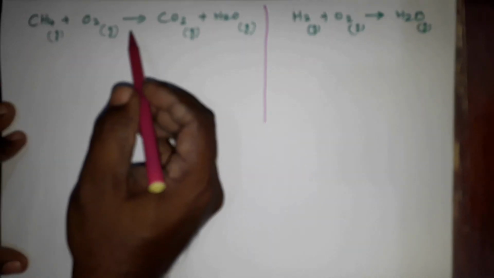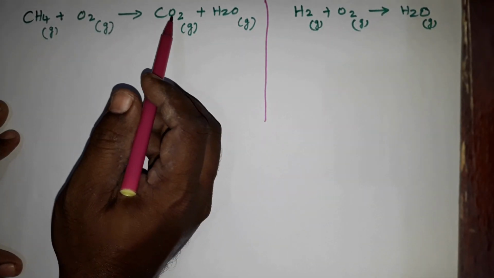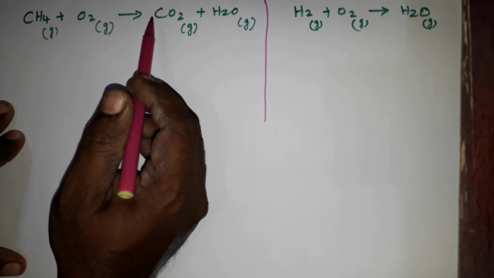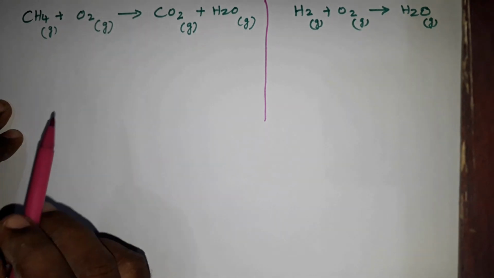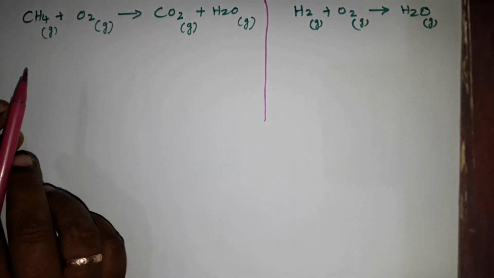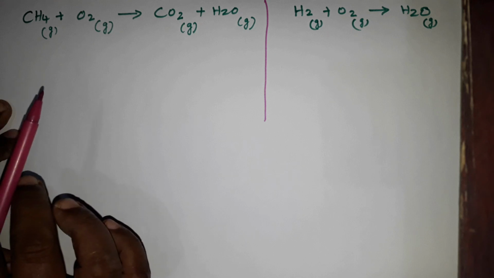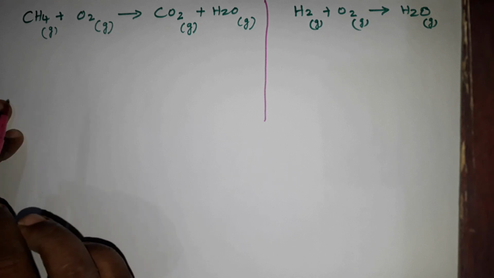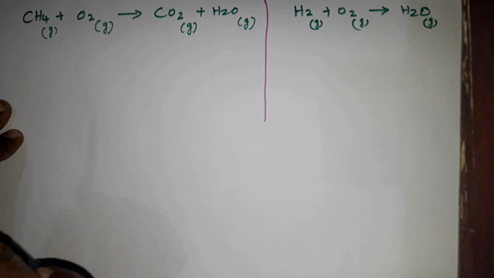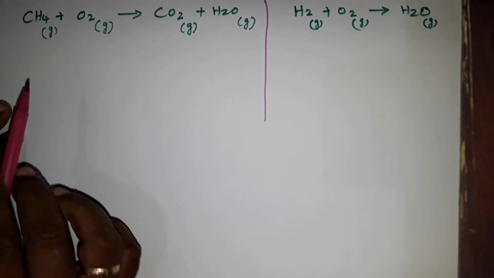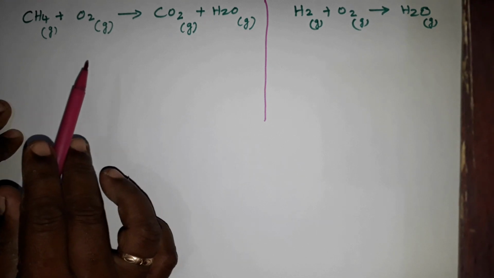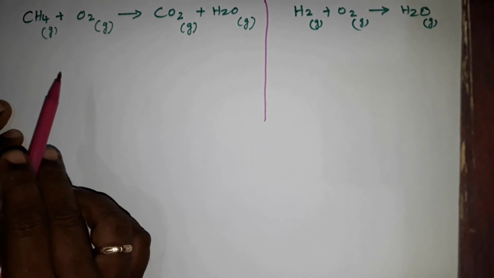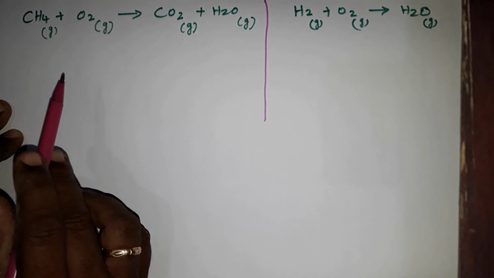Before doing this stoichiometry calculation, first thing you must check the equation whether it is balanced or not. If it is not balanced, you have to balance the chemical equation. See, this equation is not balanced, so first step you must balance the equation.